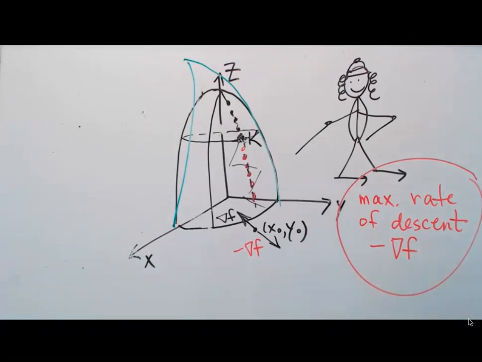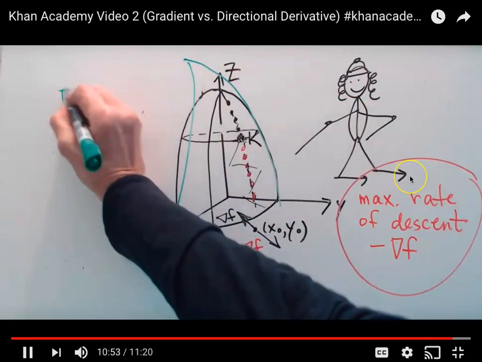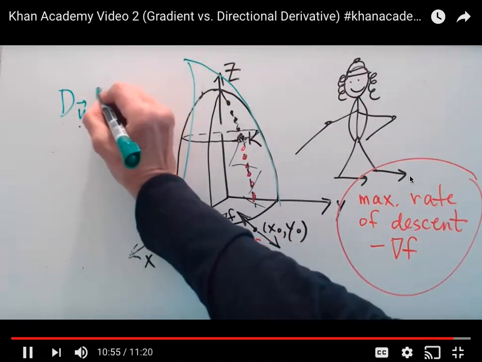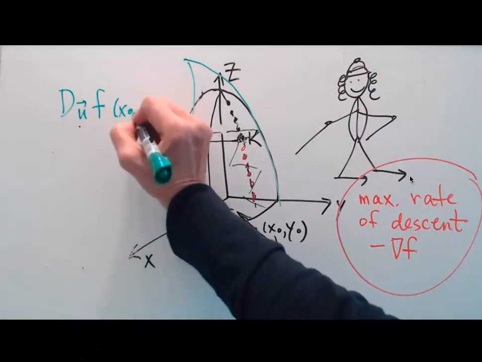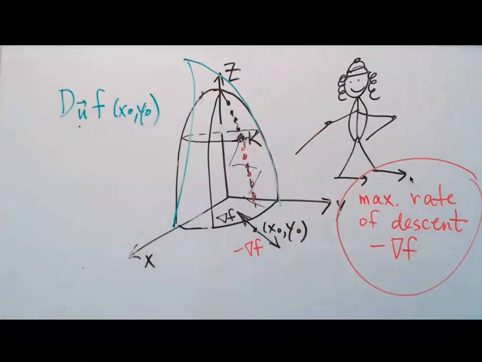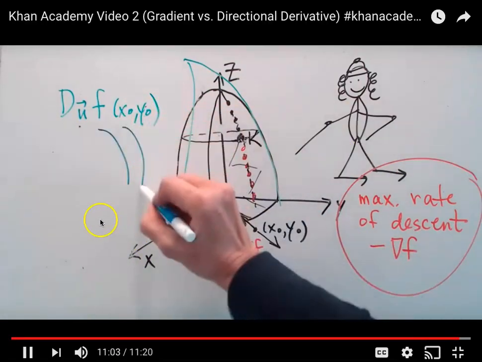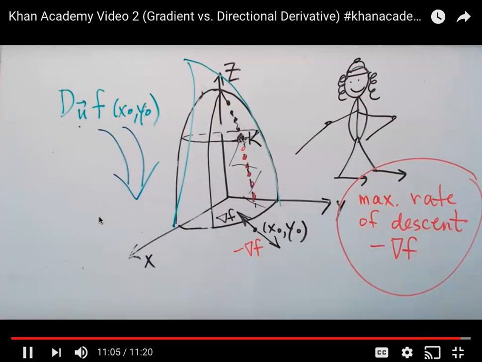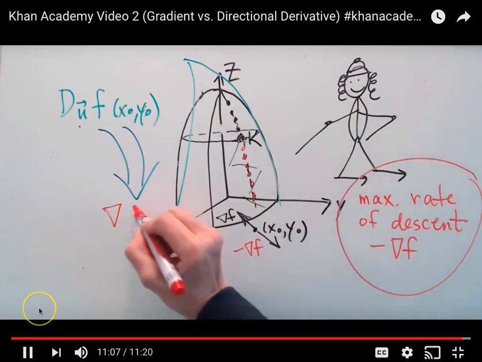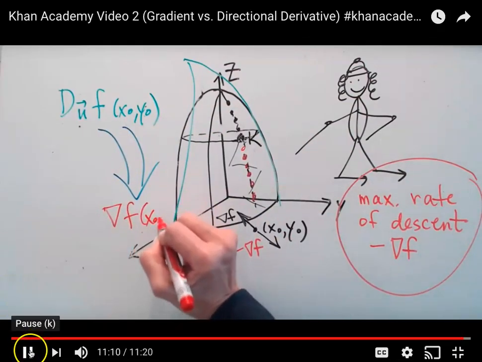So I hope that I have shown you in this second video, at least to some extent, that the directional derivative really does contribute to some of the success that the gradient enjoys.